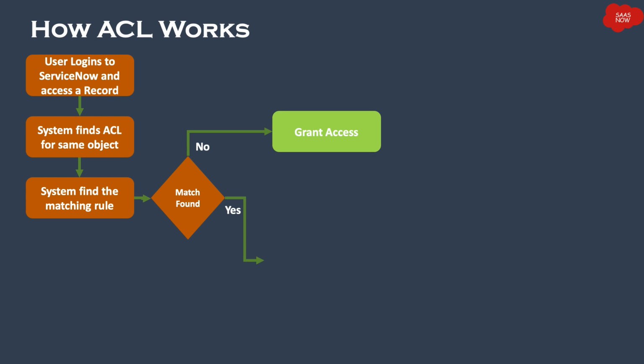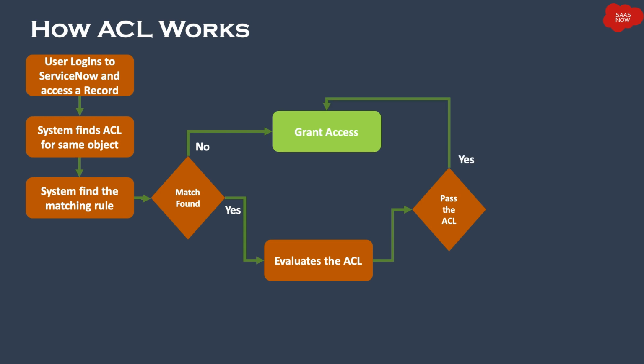But if a match is found, that means the system found a matching rule for that particular object, then it will evaluate the ACL. Whatever condition it has in that particular ACL, it will try to evaluate. If it passes the ACL, then it will grant the access.